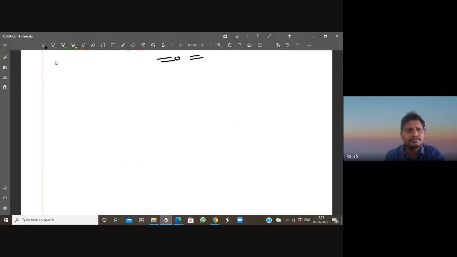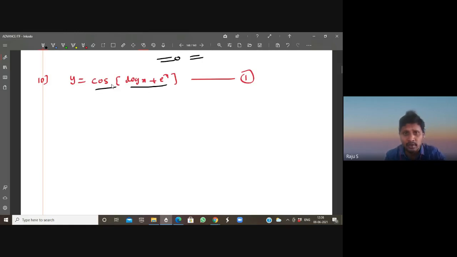Right. The 10th question is: y is equal to cos of log x plus e power x. Now, see here. Here also we can apply chain rule, not product rule. It is only a single function, cos of (log x plus e power x), not cos x into log x plus e power x.